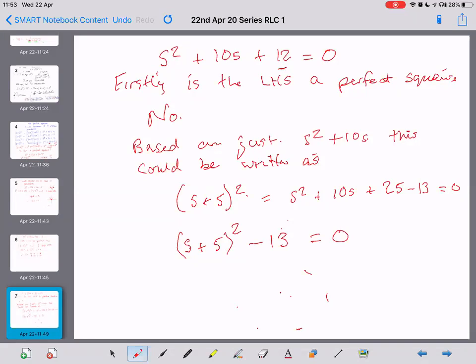We've got a perfect square, and we've got a remainder, and we can take the square root, which could be plus or minus.